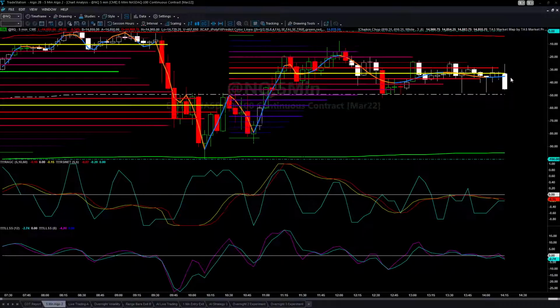Almost out of consolidation. Almost. It's right at the line.